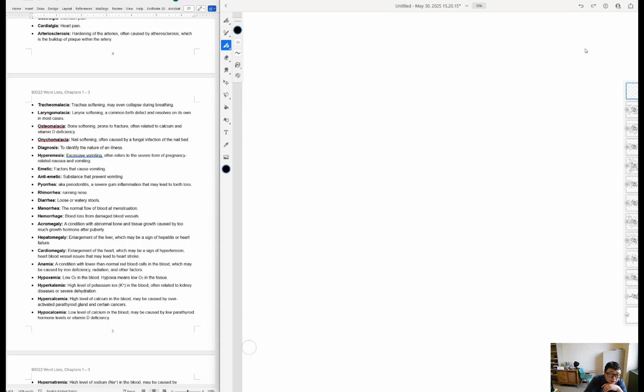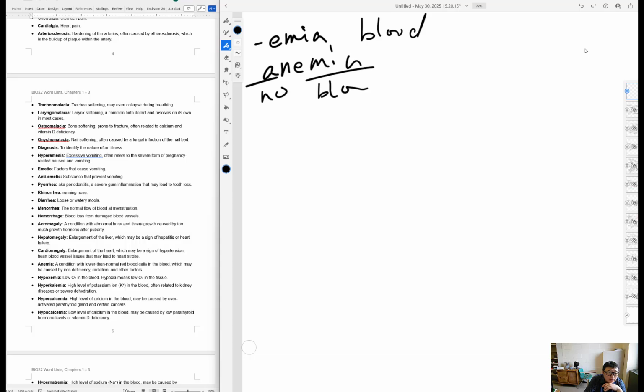Next, we talk about this. Anemia means no blood. Anemia means not enough red blood cells. Not enough red blood cells can be caused by many things.